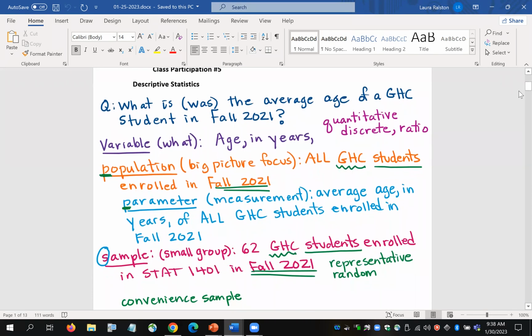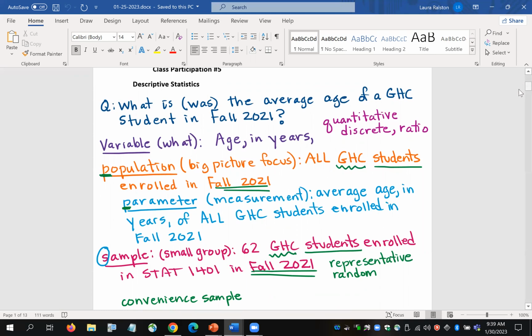Our question was, what was the average age of a GHC student in fall 2023? We've said that you need to pose your question clearly and with as much detail as possible so that you can identify the variable, the population, the parameter, the sample, and the statistic.